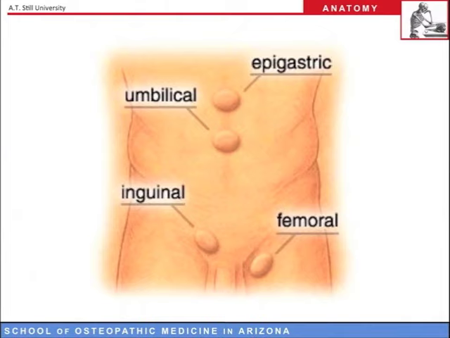The vast majority of those will occur in men. Females, on the other hand, are more susceptible to femoral hernias. But that's all I'm going to say about the femoral hernias. It will be important to distinguish between the direct or acquired versus the indirect or congenital inguinal hernias.